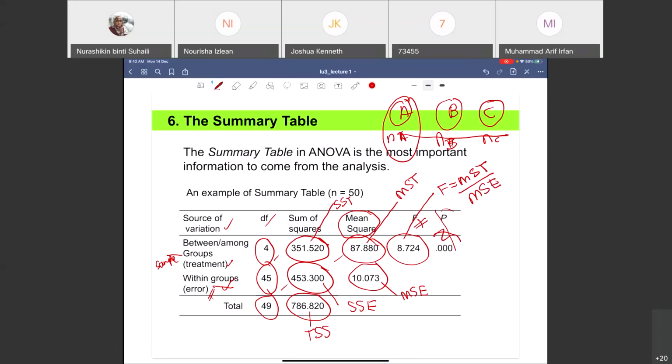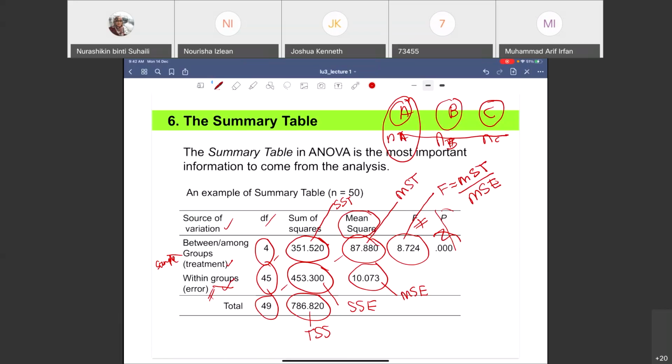And it's very important that you be careful with your calculation, because any error in these values will give you an invalid or incorrect F. So basically this is what we call the ANOVA table that you have to come up with every time you solve an ANOVA problem by calculation.